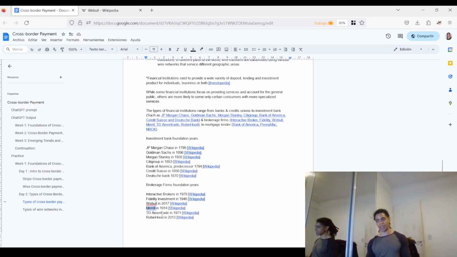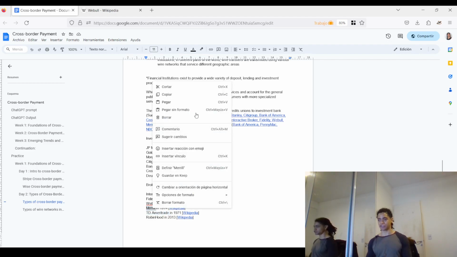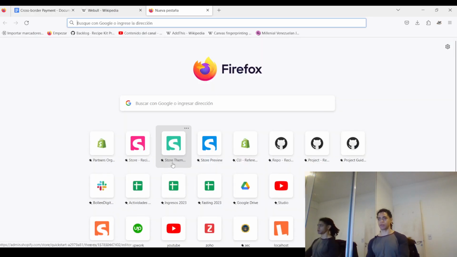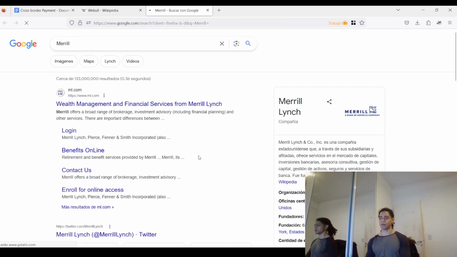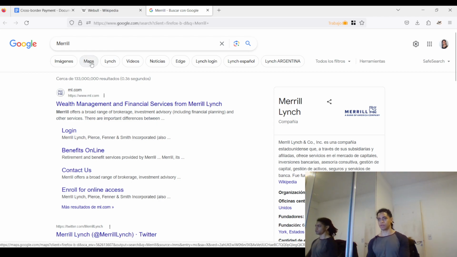Merrill, founded in 1914. TD Ameritrade. Merrill is a subsidiary. So Merrill is a Bank of America subsidiary, right? For investment, so wealth management and financial service from Merrill Lynch. Who is Merrill Lynch?